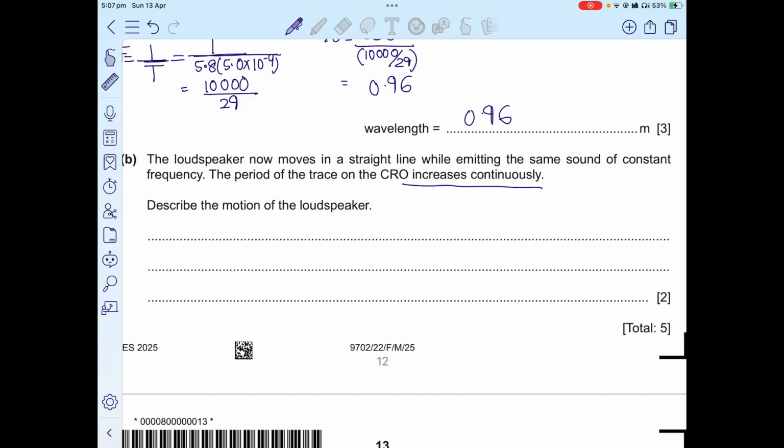And when does the frequency of the sound decrease? When the source of the sound is moving away from us. So one mark is for writing that the loudspeaker, which is the source of the sound, is moving away from the emitter.